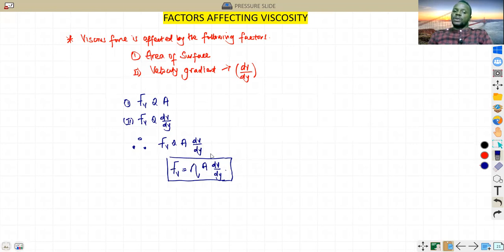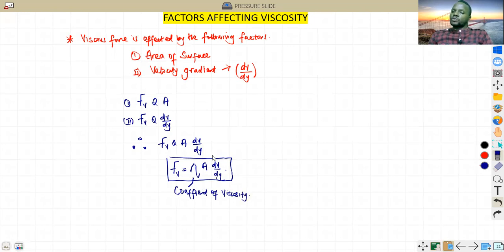Again, you can also put in mind that eta here is called the coefficient of viscosity, which we said is measuring viscosity. I hope you still remember. This is that about that, dear students.